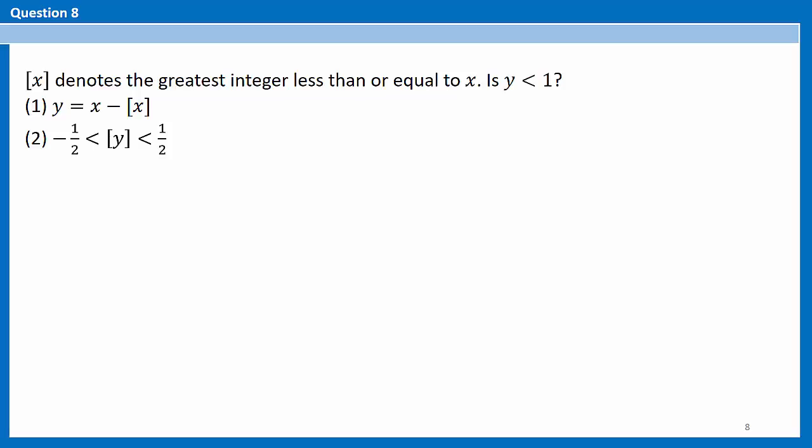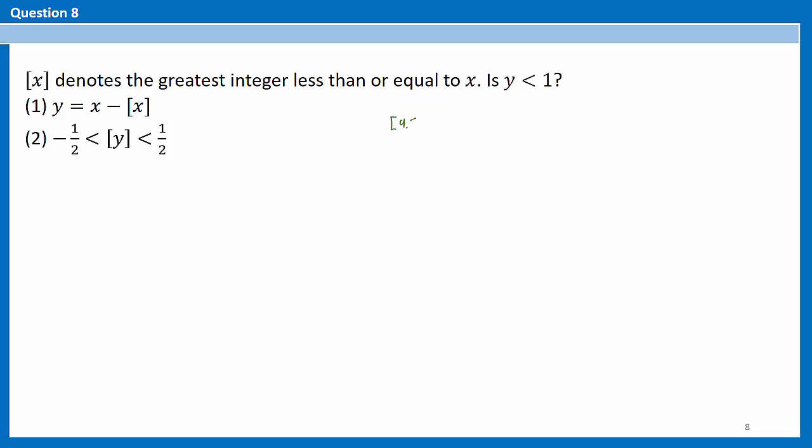Operator x denotes the greatest integer less than or equal to x. Is y less than 1? Okay. Now, what does operator x do? Let's try a value. Let's try 4.7.